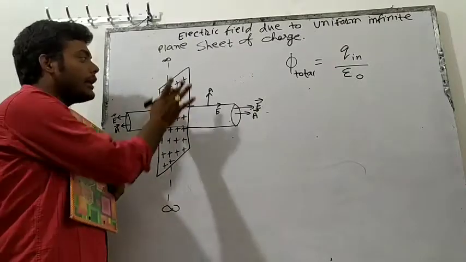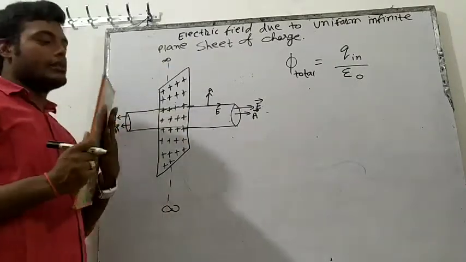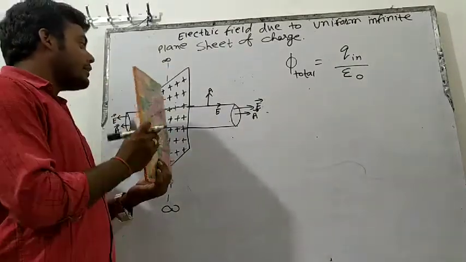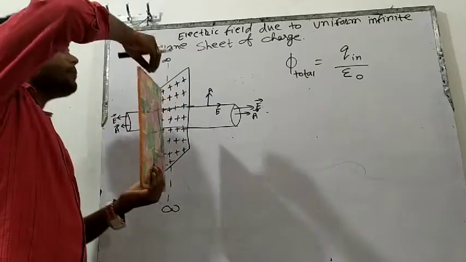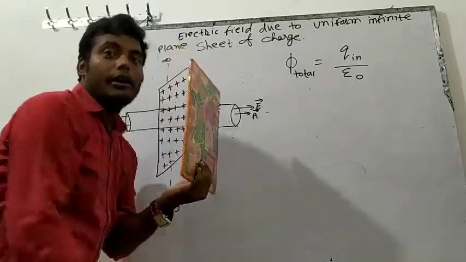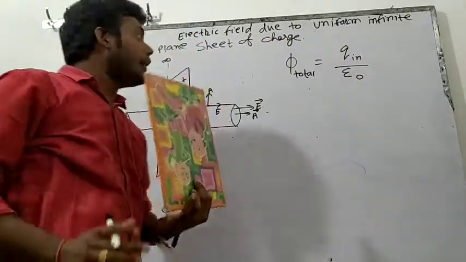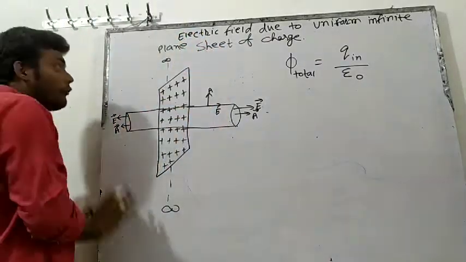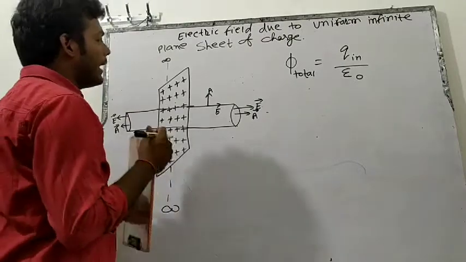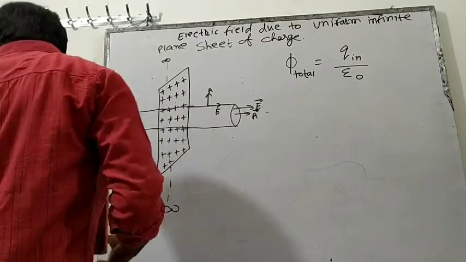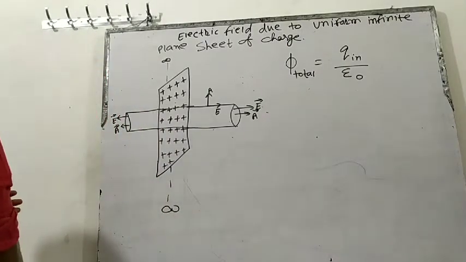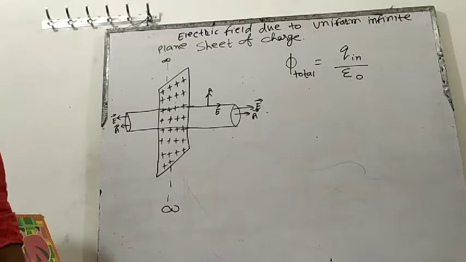We have considered that all the charge is positive charge. This plane sheet is infinitely long, that means it is going up to infinity upward and downward. What we want to find is the electric field at any point P.